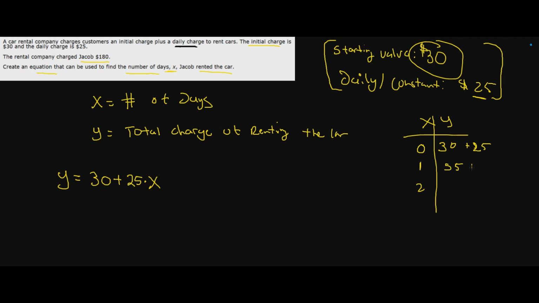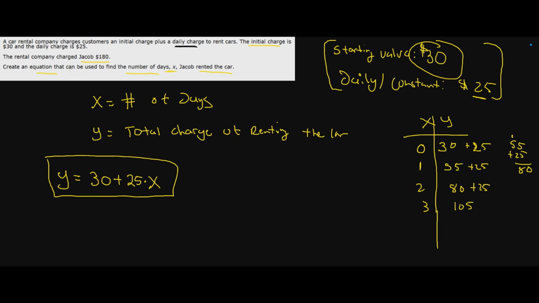Then the second day, we're going to add 25 again: 55, 65, 75, 80. Okay, 80. And then the third day we add 25 and get 105, and we can keep doing this all the way until we get to 180. But there's no point. We can make an equation. Here it is. So here's our equation, done.